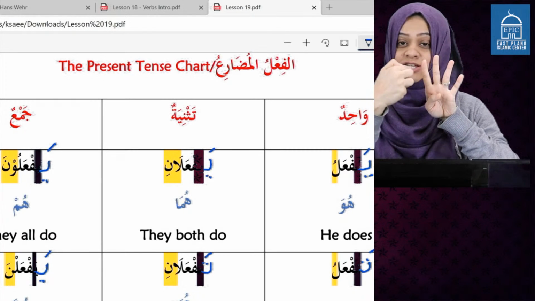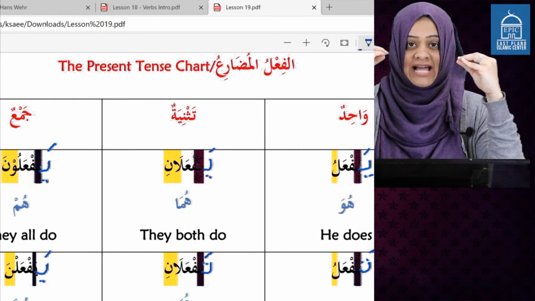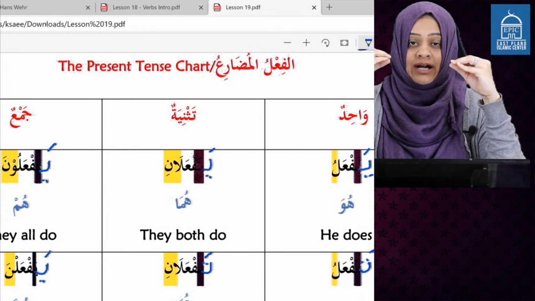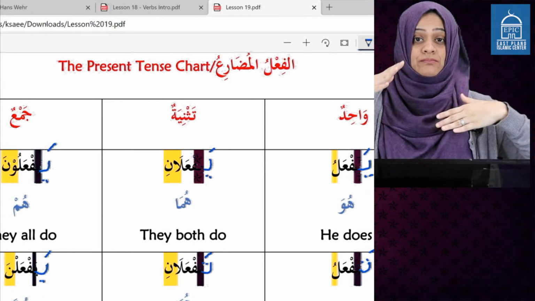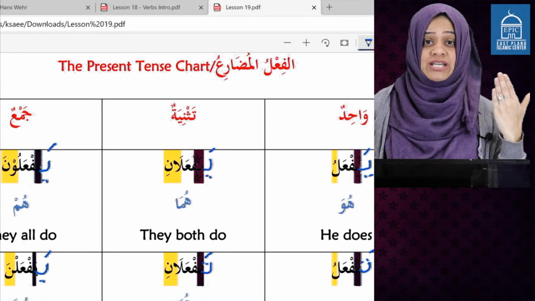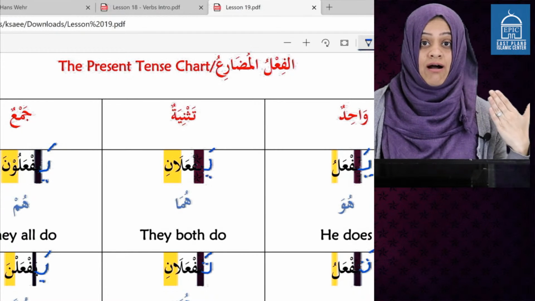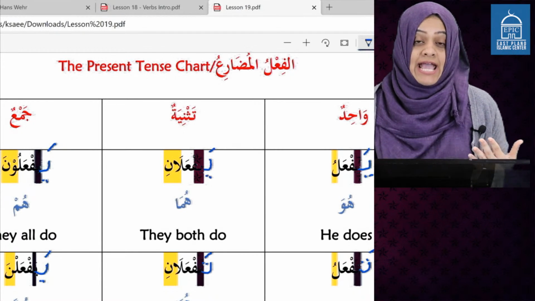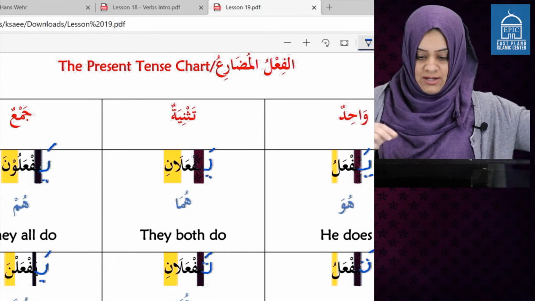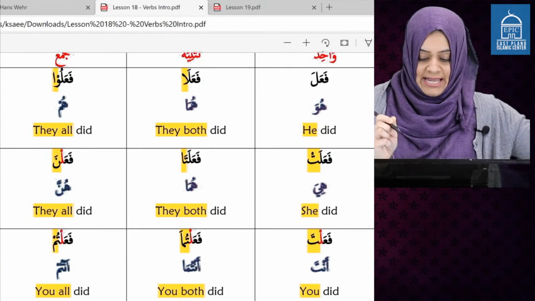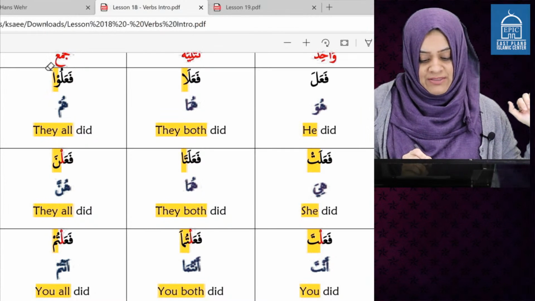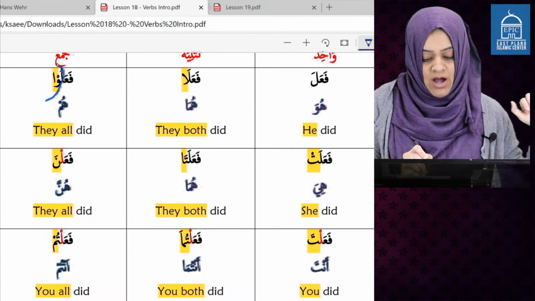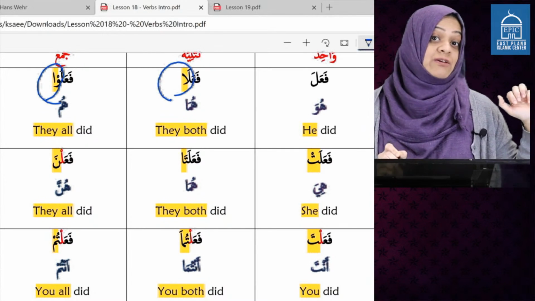All right, so what do the beginnings tell you of mudare? The beginning tells you whether it's a he, a she, a you, an I, or a we. Now in your madi, let me take you back to the chart again. In madi, all the information we got came from the ending, nothing from the beginning.